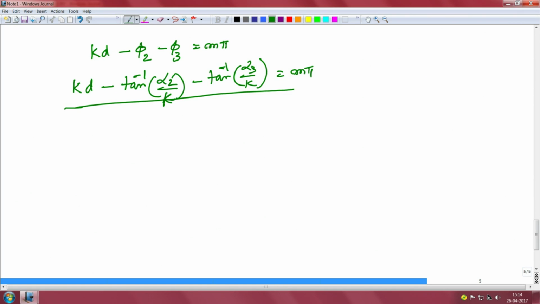Let me define a few constants that will simplify this. I will define a V number of the waveguide as kd, where I will replace the value of k as the square root of k0 square n1 square minus beta square, according to the definition.